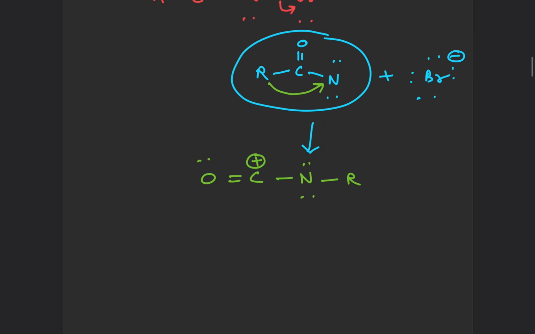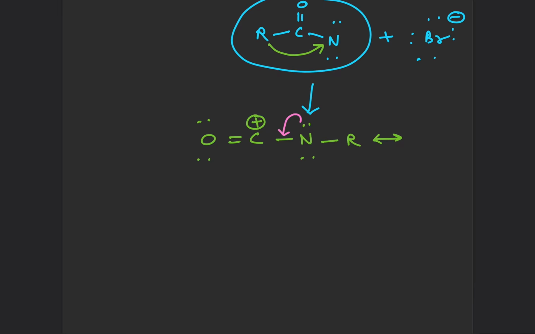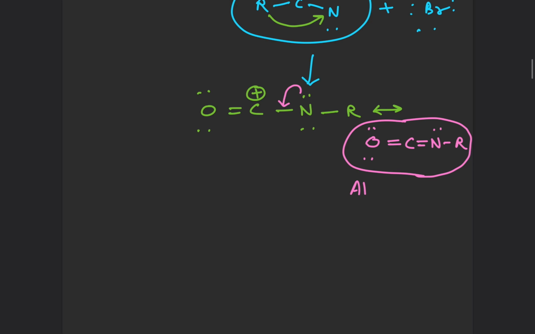Oxygen has two lone pairs. It can show resonance, and these lone pairs can form a pi bond, and ultimately we get O=C=N-R. So these guys are known as alkyl isocyanates.